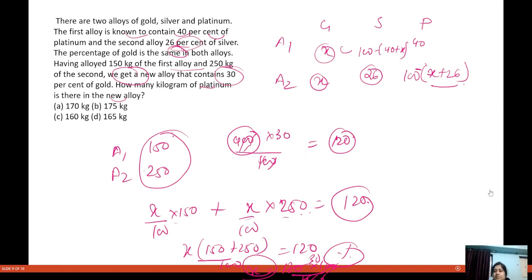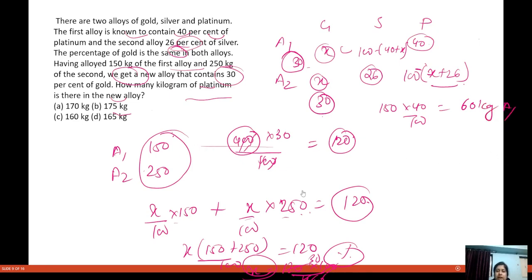Fine. Now I know there is 30% gold in this and 30% gold in this. Now if I am mixing, how many kilograms of platinum are there in the new alloy? You know 40% of platinum was there, so that means 150 into 40 divided by 100, so 60 kilograms of platinum came from alloy A1.